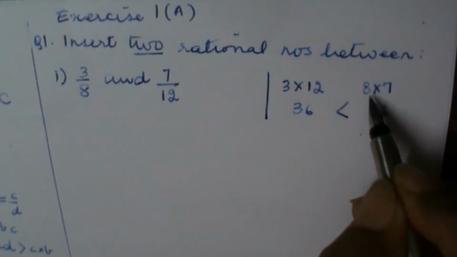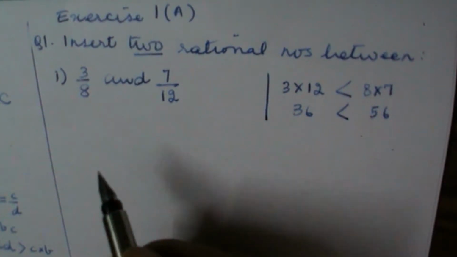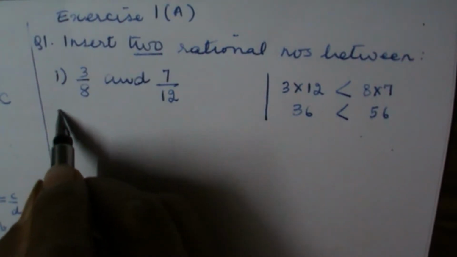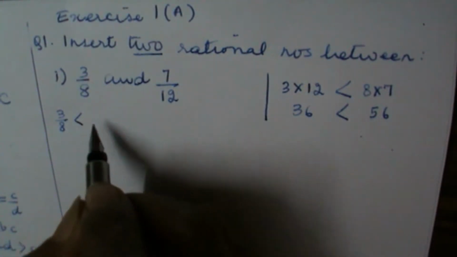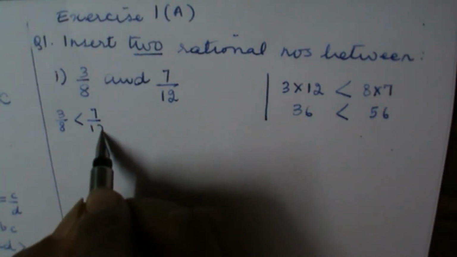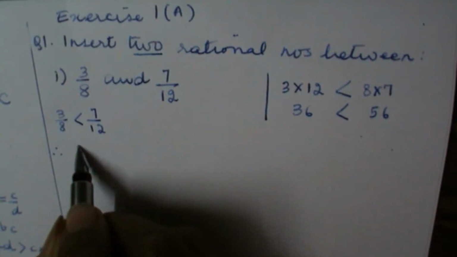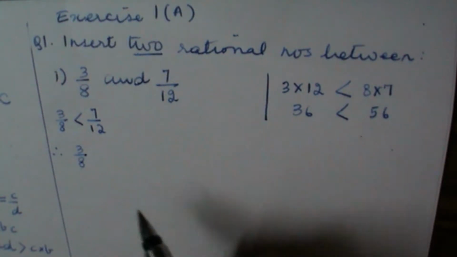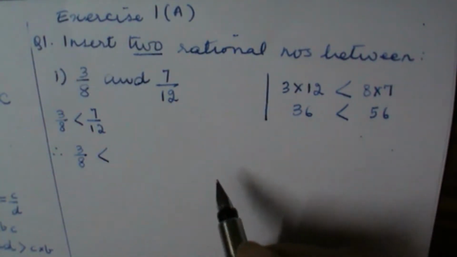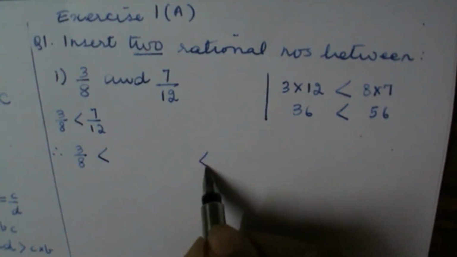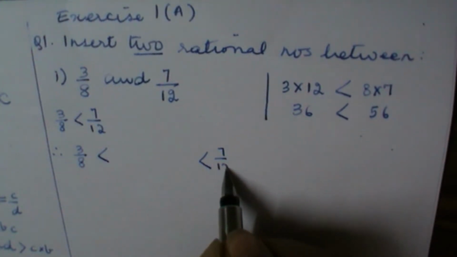So AD is less than BC, and so I will say 3 upon 8 is less than 7 upon 12. And therefore, I will have 3 upon 8, which I keep one side, and I put a symbol less than, and I put another symbol here less than, and here I'll write 7 upon 12.